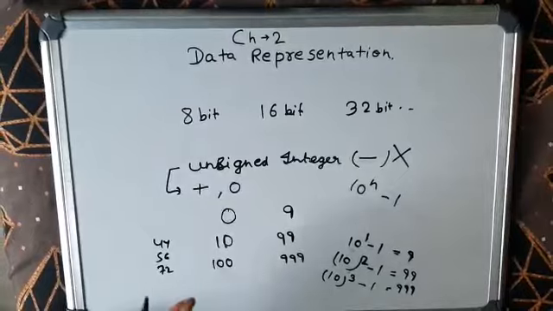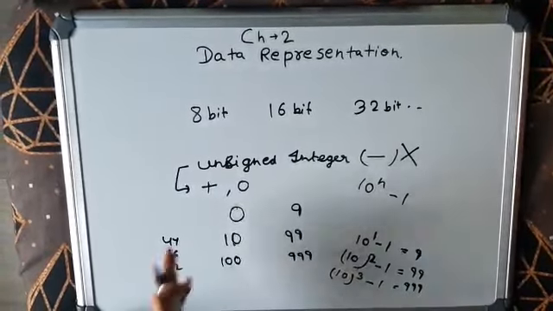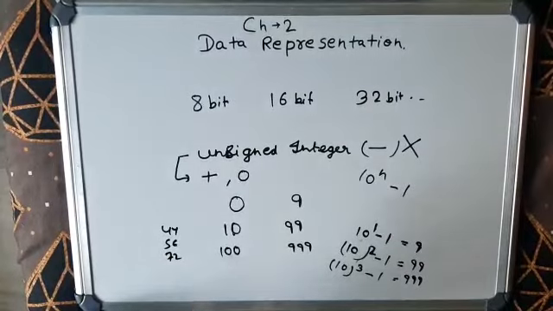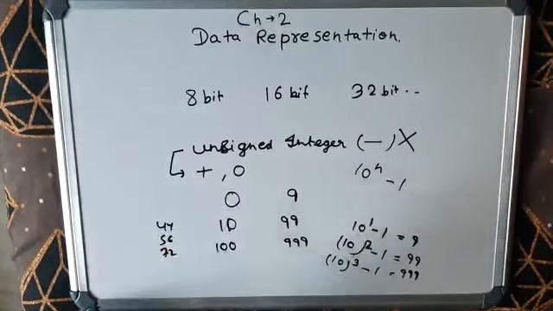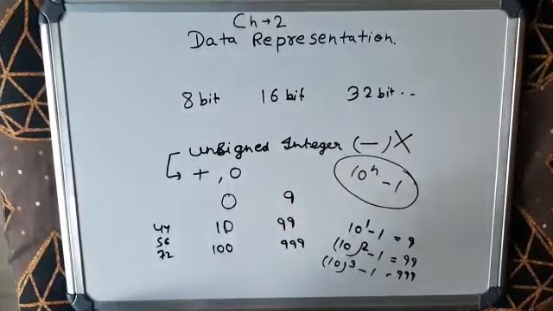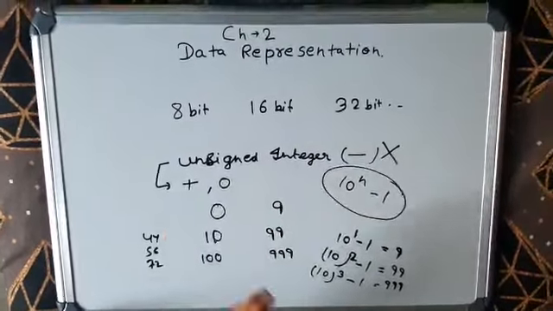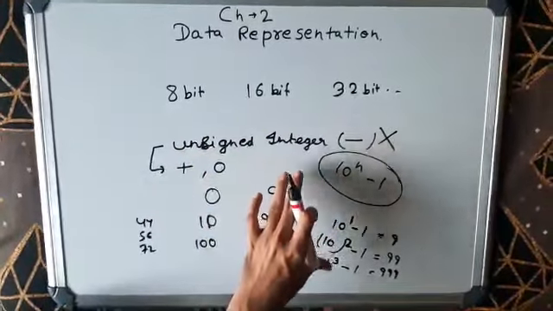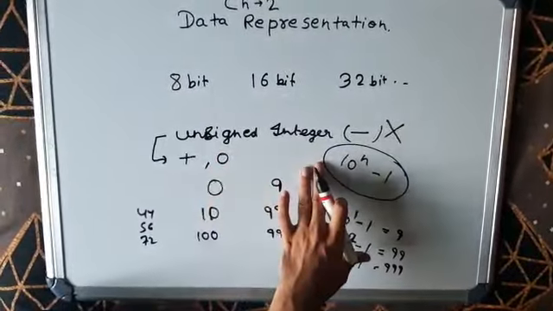So if you want to represent all the unsigned integers in any format of decimal, hexadecimal or binary system, you just have to use this kind of formula. This lets you know that we can change any kind of number system to unsigned integers.